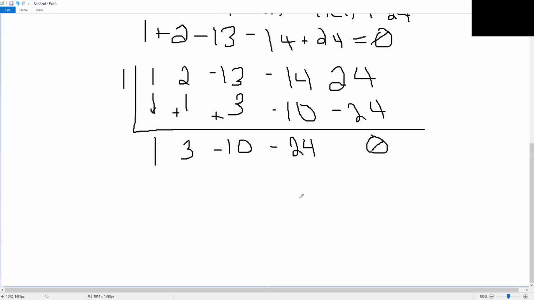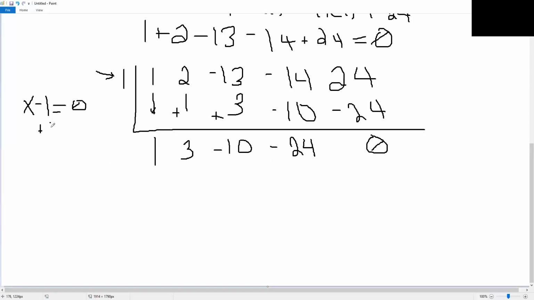Now, we can write this as a factor. We used this 1 right here, okay? Now, I can write that 1 as x minus 1. Now you say, why? The reason is because you set it to 0 and then solve it.